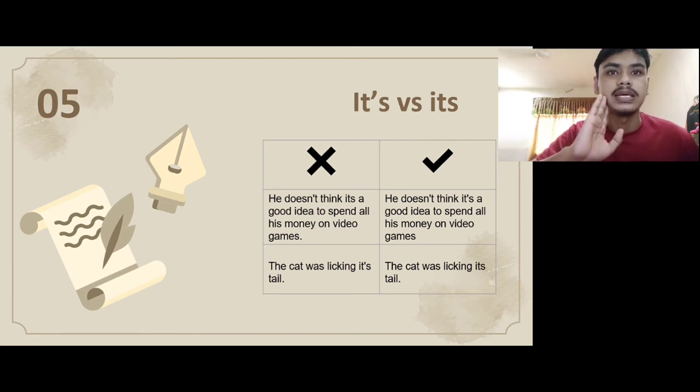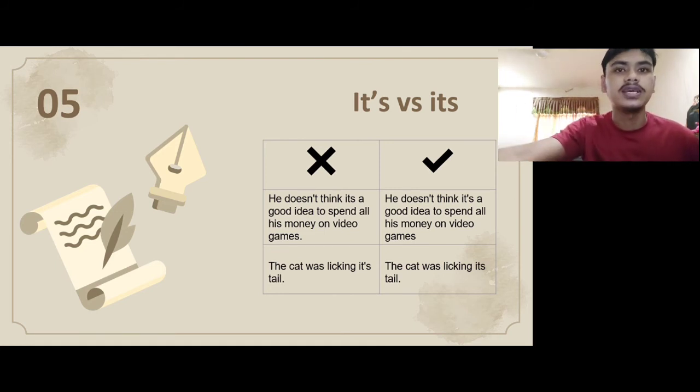First example here is, "He doesn't think its a good idea to spend all his money on video games." This sentence is incorrect. Instead, we need to take it's with apostrophe, because it isn't belonging to himself, but it refers to the idea.